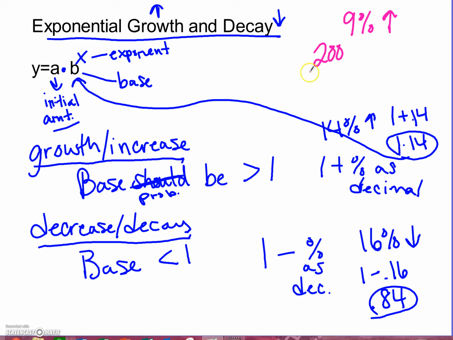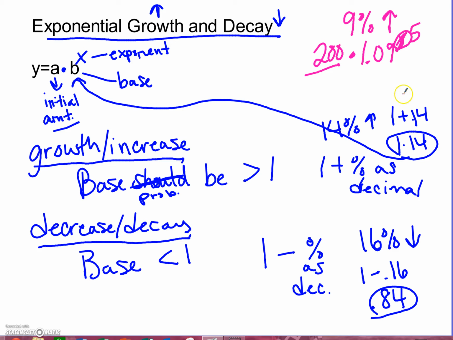All right, so this becomes my initial value, which is my A, times my base, which becomes 1 plus 0.09, 1.09, and I don't know my X yet. Okay, I can figure that out though. So what if I want to know how much money I will have after 5 years? That becomes my X and it becomes 5.